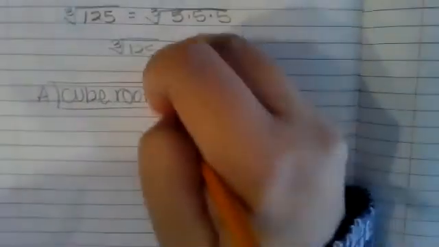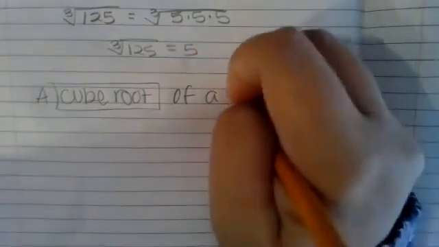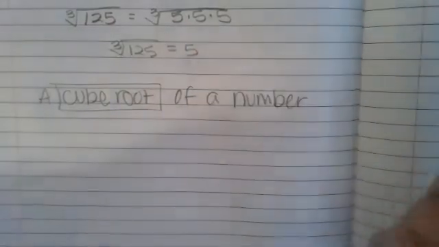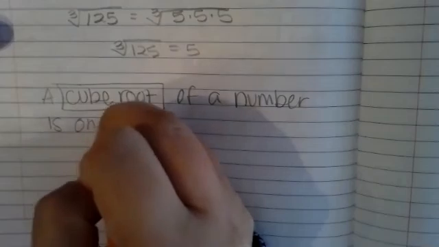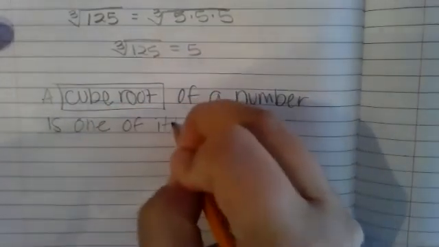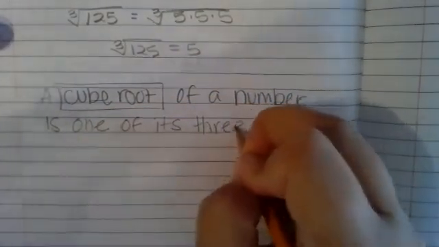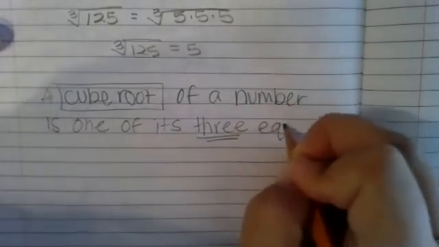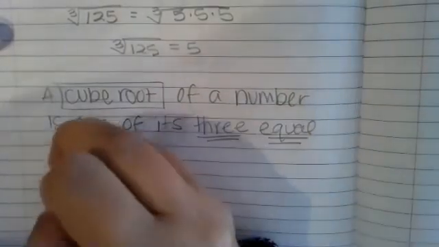But when I have a cubic root, so a cube root of a number, so when I'm solving a cubic root, a cube root of a number is one of its 3 equal factors.